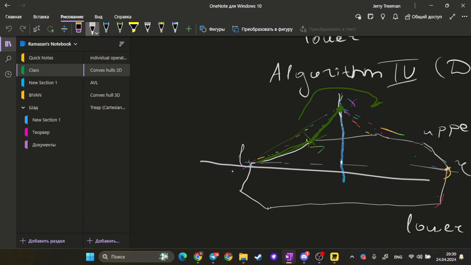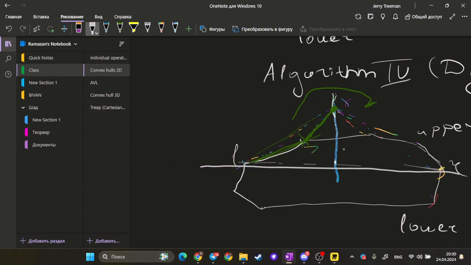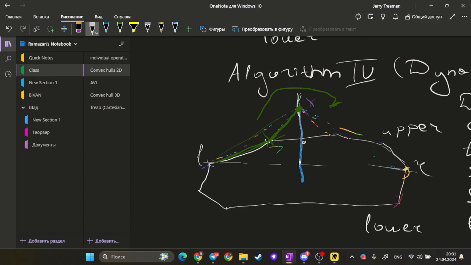We just draw some line, and we can easily understand it. And then, using binary search, we find the first points that we need to delete.